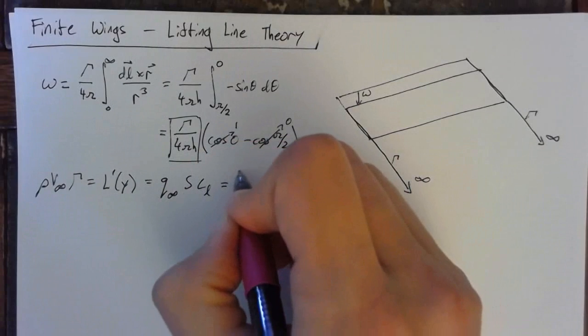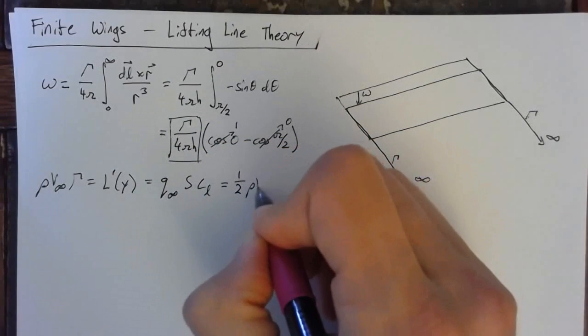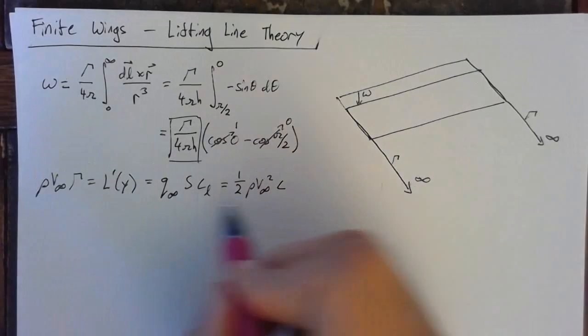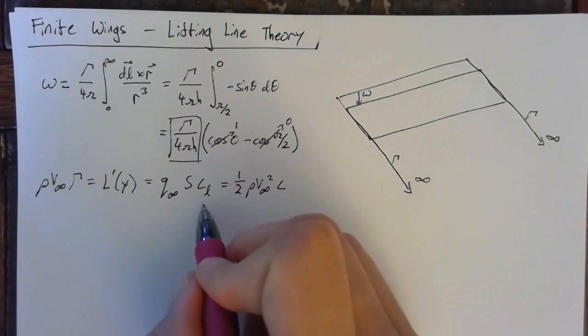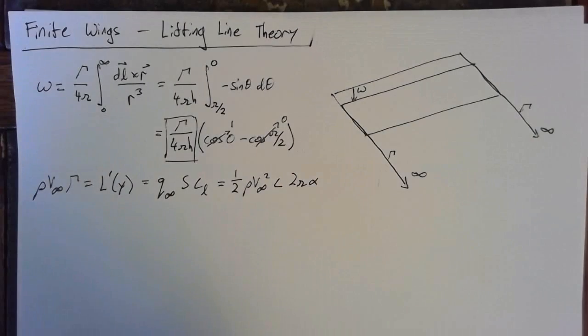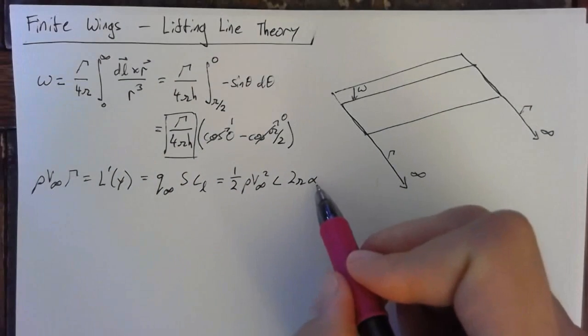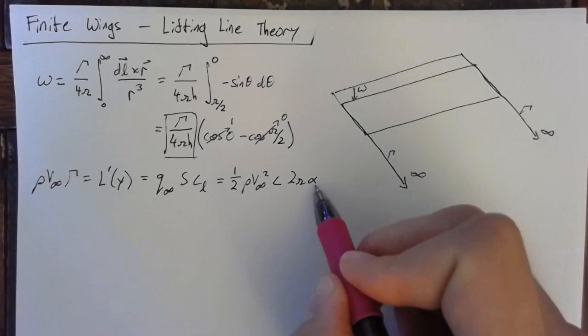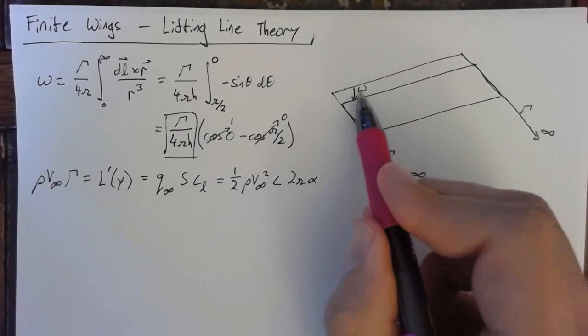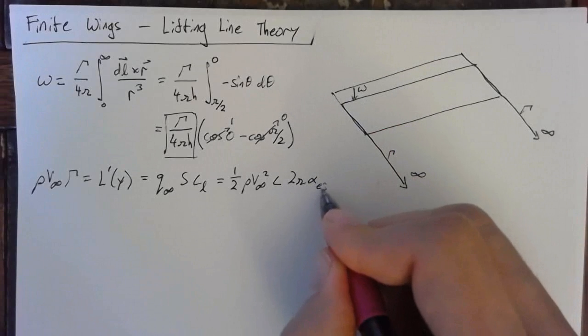And we can rewrite that again as 1/2 rho v infinity squared. Since we're doing lift per unit span, s just becomes a c, and then cl is going to be 2 pi alpha. But remember that alpha, that our airfoil sees, is going to be changing due to our downwash. So we have to write alpha effective.